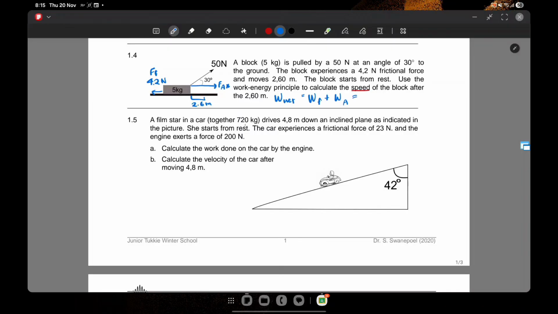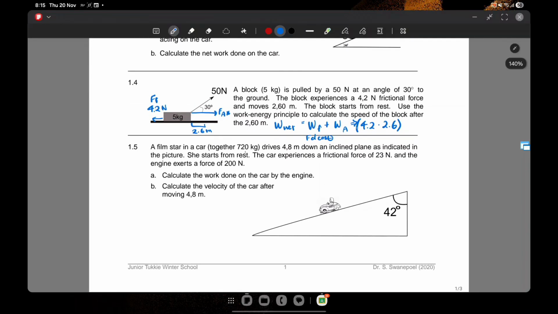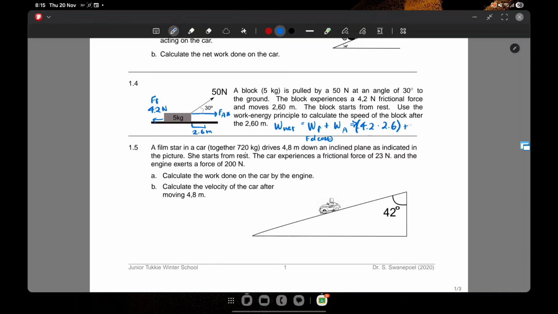Now, what they'll be, if you plug in the numbers, is through the formula of F d cos theta, by the way, it'll be 4.2 times 2.6. This is for friction, and as it is horizontal, in the direction of the block that's moving, which is moving this way, then we don't need to use cos theta, but for the applied force, we definitely do need to do that.